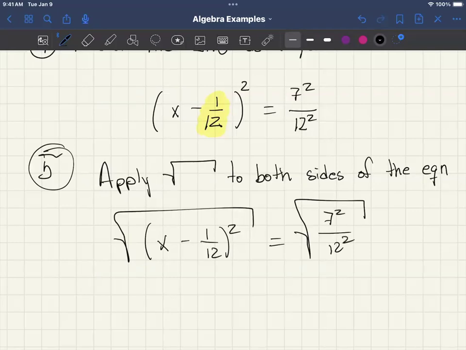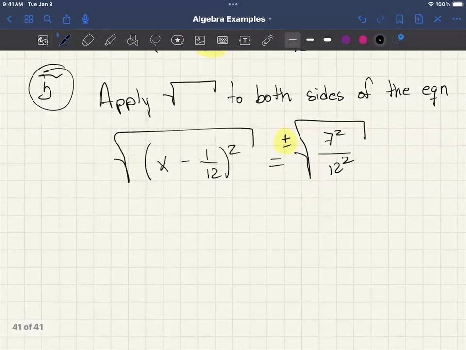Now there's one thing that we didn't do here that I haven't written down yet, and this is something you have to remember. When you take the square root, you're going to have to put a plus and minus in there. So don't forget that. You only have to put it on one side. That's going to be enough for you, but don't forget to tack that in there.